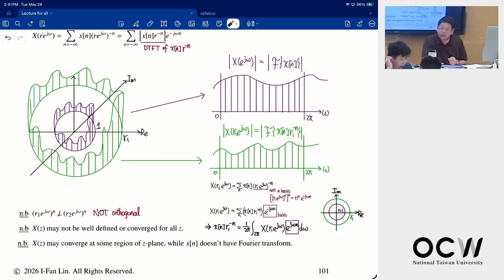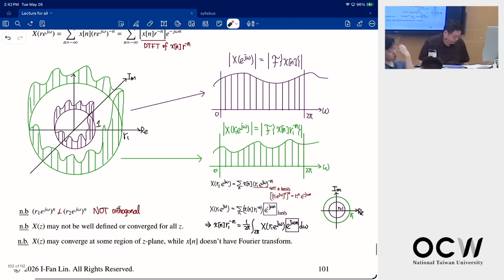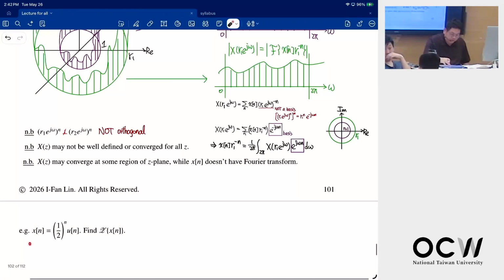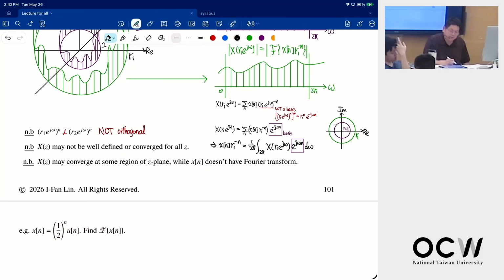How do we find the Z transform? So first, let's find the Z transform of a sequence times the unit step function.